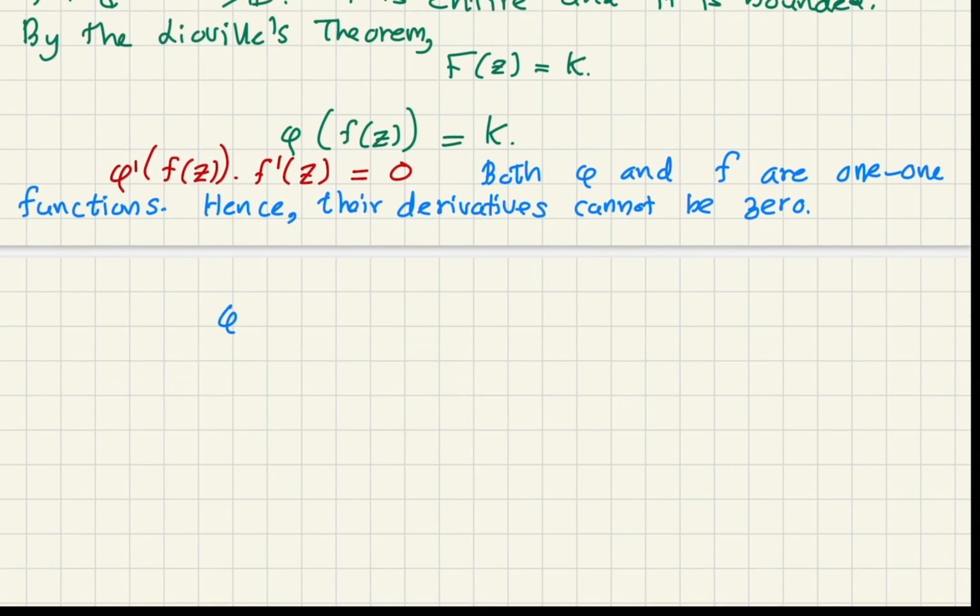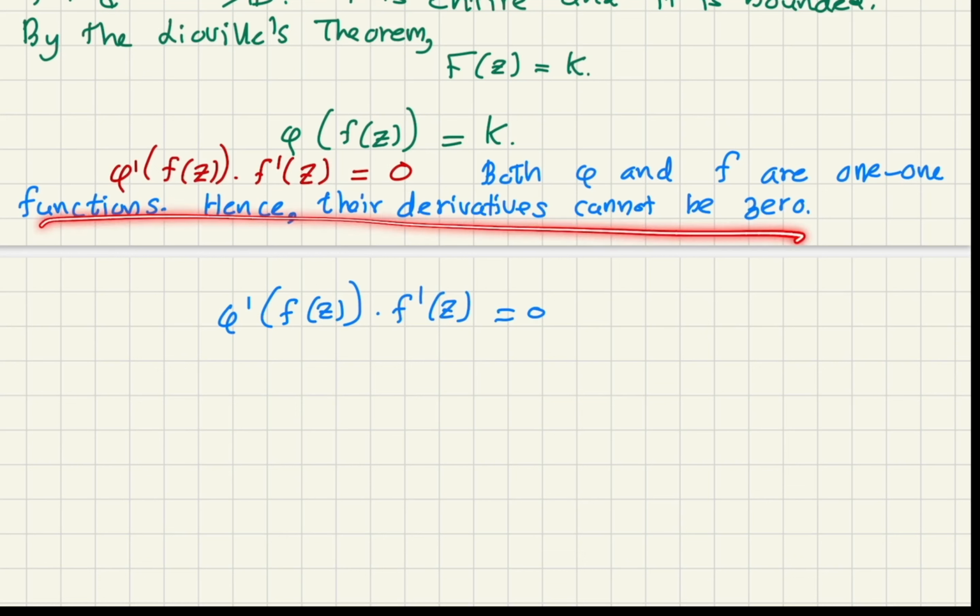So what I have is phi prime of f(z) times f prime of z is equal to 0. But on the other hand, as I mentioned here, this cannot be equal to 0.